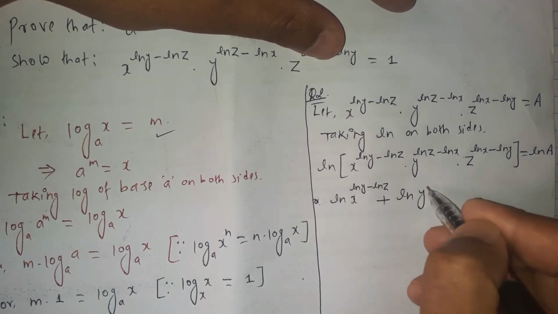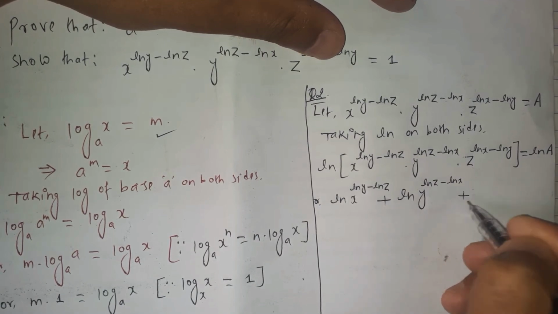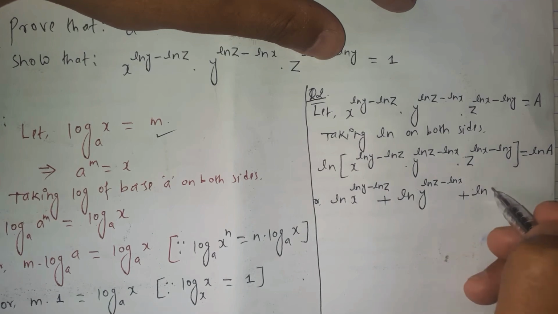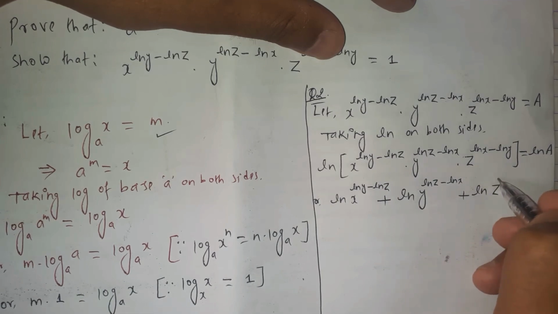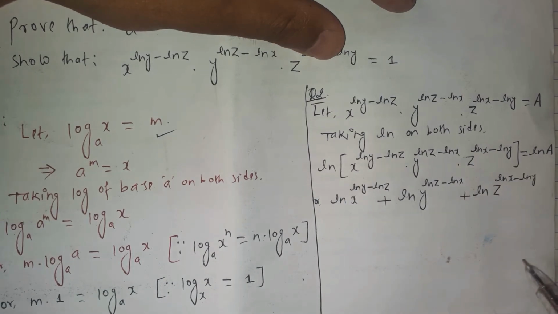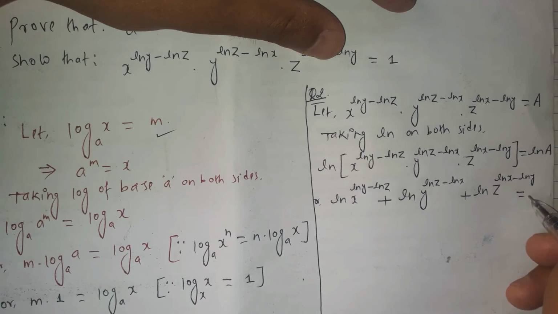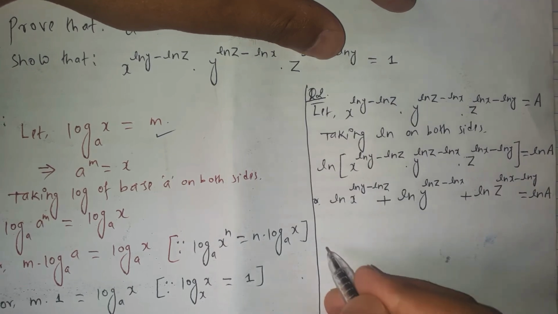The second number is y to the power (ln z minus ln x), plus ln of the third number, z raised to the power (ln x minus ln y). The right-hand side is just ln of a.